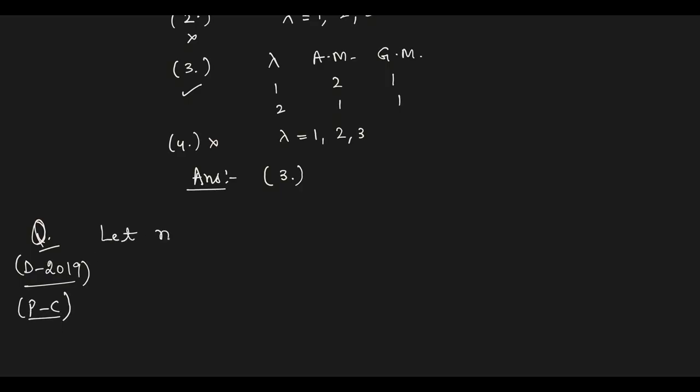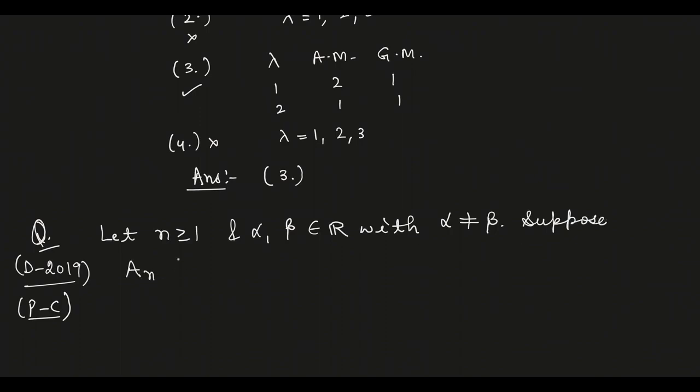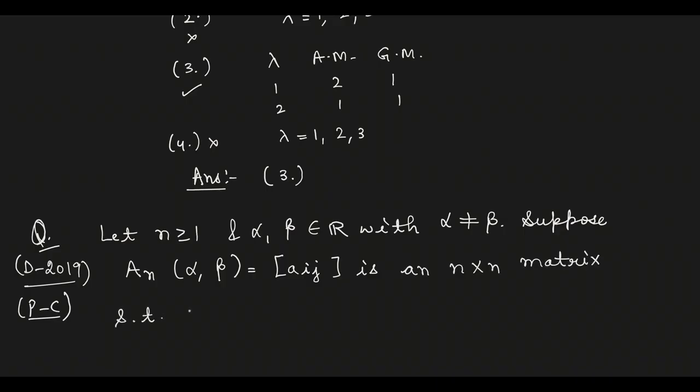Let n greater than or equal to 1 and alpha, beta belong to real numbers with alpha not equal to beta. Suppose A(alpha, beta) = (aij) is an n cross n matrix such that aii is equal to alpha and aij is equal to beta for i not equal to j.